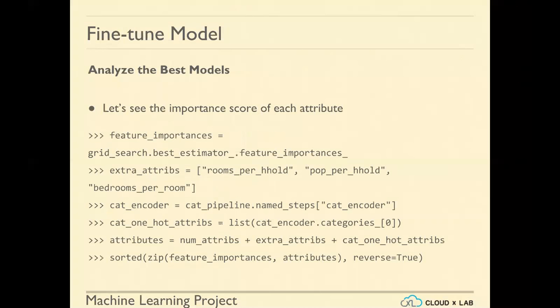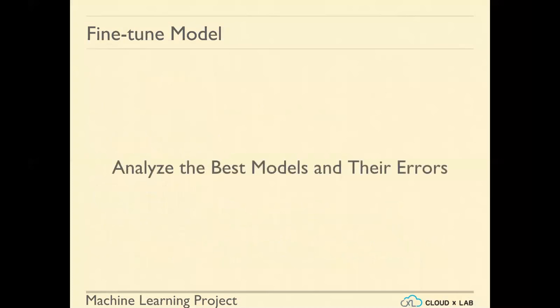Once we have figured out that this is the model that's working fine, we want to find out which of these attributes are impacting our output the most. So we want to find out the feature importance.